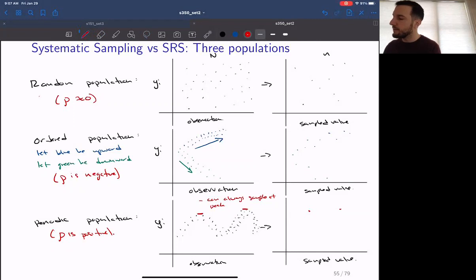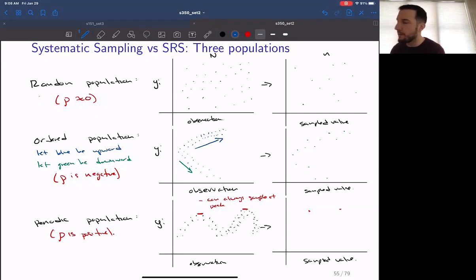So in this situation, we have a population that has what we could describe as a sine curve style trend to it, right? So we have this consistent fluctuation in measurements for all the observations that are sampled. If we use a systematic sample, we could observe rho being positive if we sample such that we always hit the same point on that periodic trend.